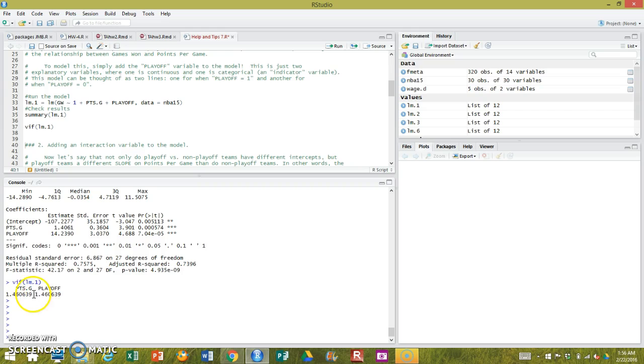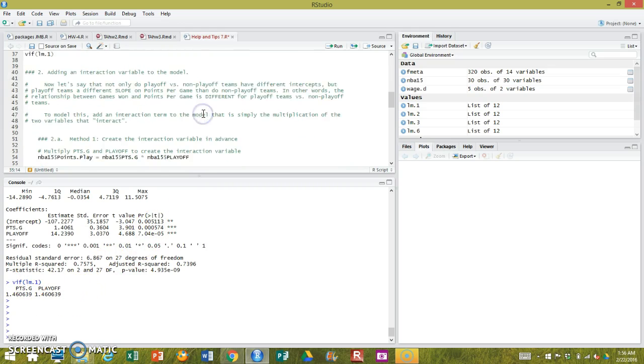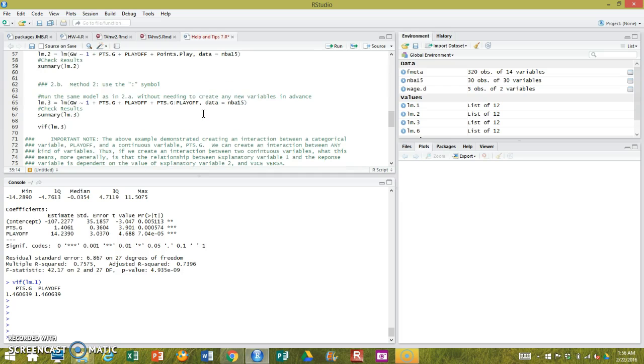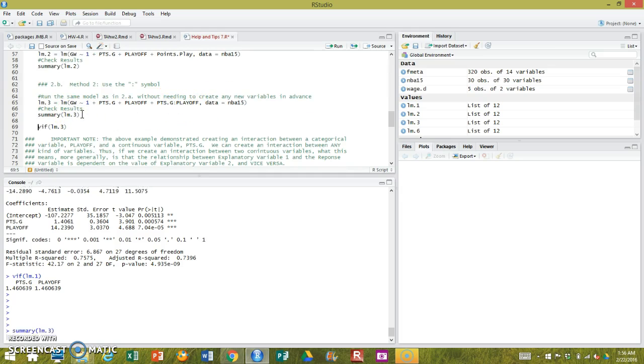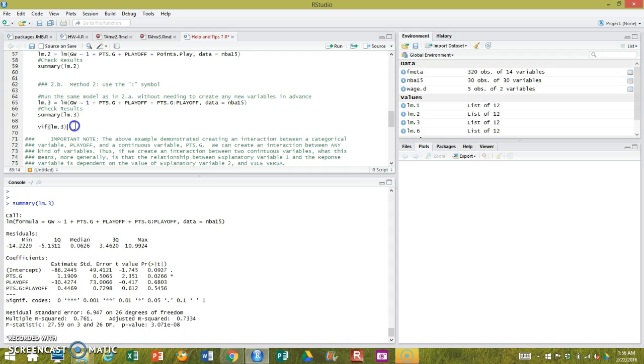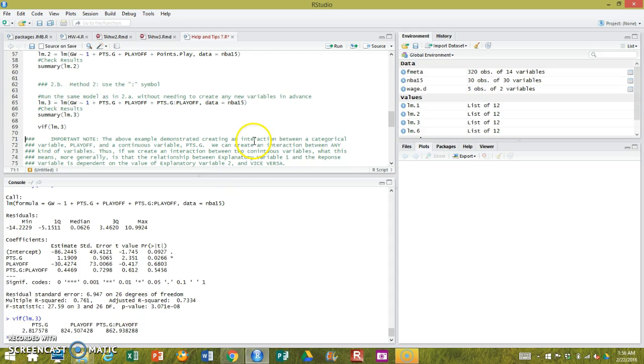There's not a lot of overlap between points per game and playoffs, which is interesting. That seems sort of counterintuitive, but I can think of some sports reasons why that would be the case. In any event, everything makes sense here. I see a lot of statistical significance and no multicollinearity. And in the one area here where I see statistical insignificance, it very much is because of multicollinearity.